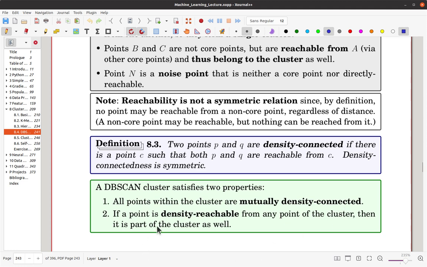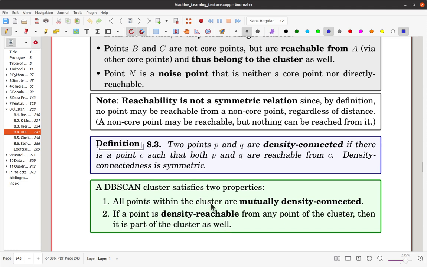If a point is reachable from any point of the cluster, then it's part of the cluster as well, which means that it is including all reachable points.